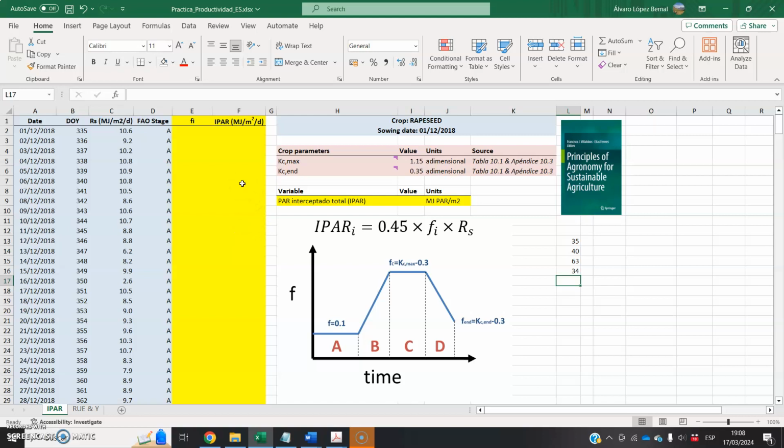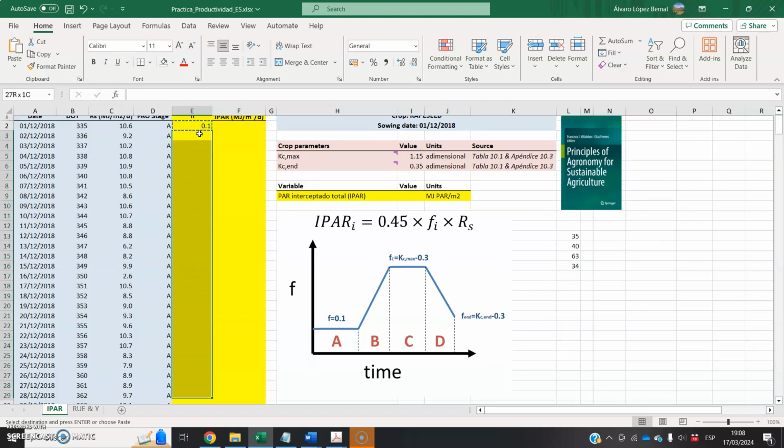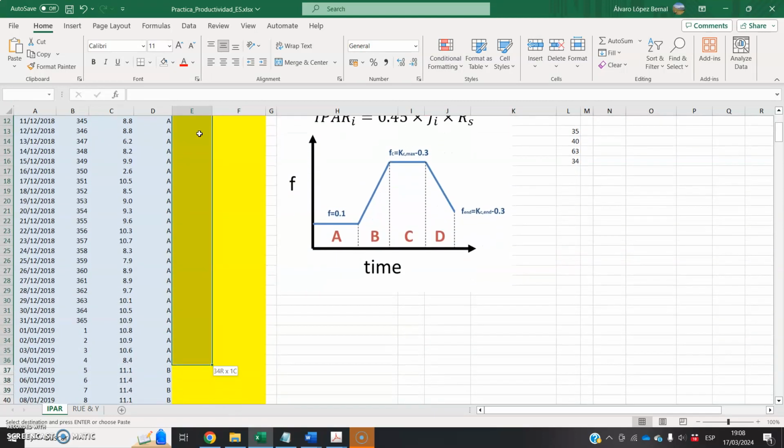During every single day in stage A, we will be assuming a value for the fraction of intercepted PAR of 0.1. So we will write 0.1, and we will adopt this value in every single day in this stage.